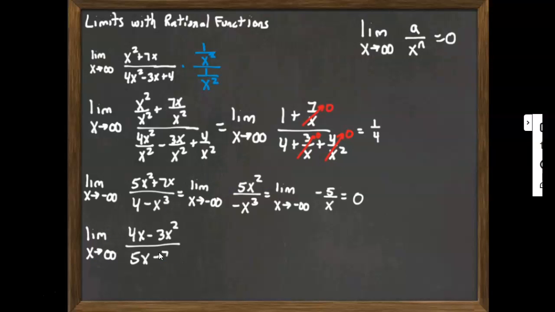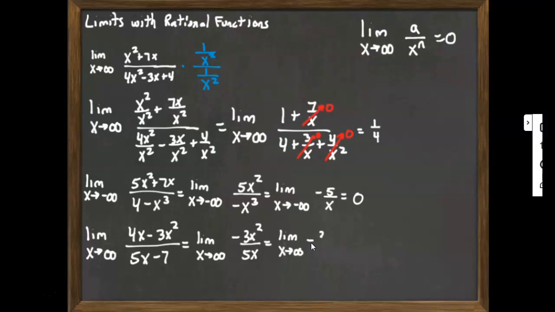Limit as x goes to infinity of 4x minus 3x squared all over 5x minus 7. So once again, all that matters are the leading terms in the top and bottom. So I could rewrite this as the limit as x goes to infinity of minus 3x squared over 5x. And now I can simplify that fraction.